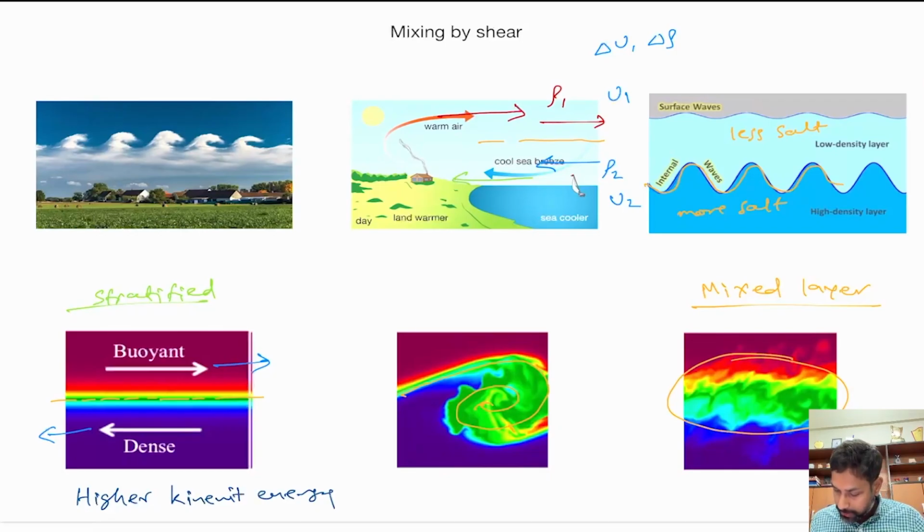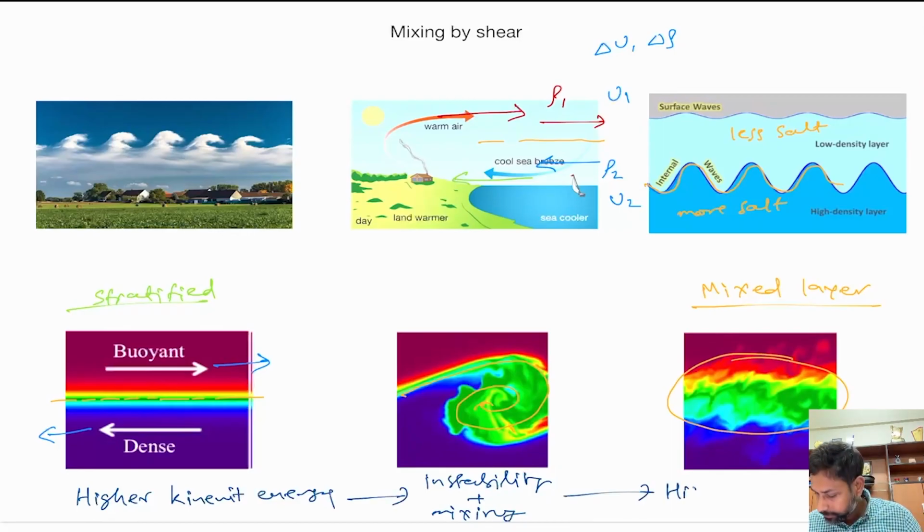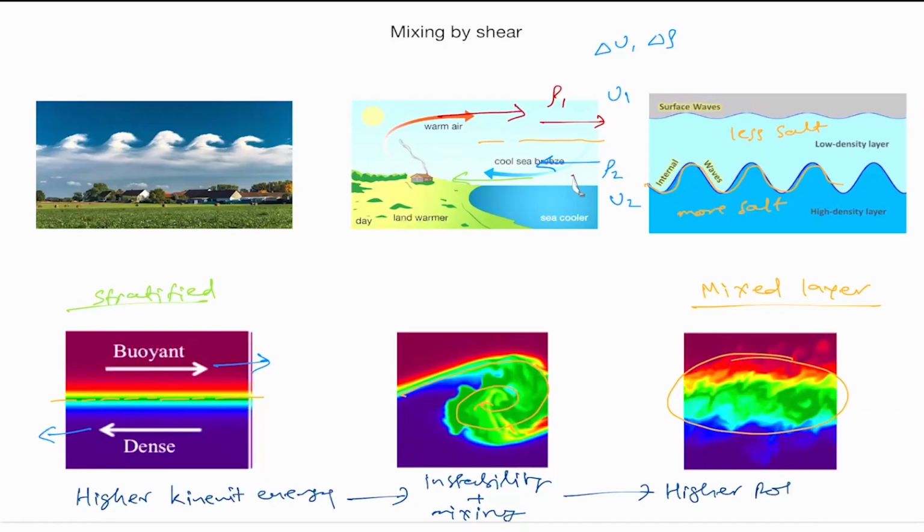And now, because of instability plus mixing, this actually leads into higher potential energy. And how is it converting into potential energy?